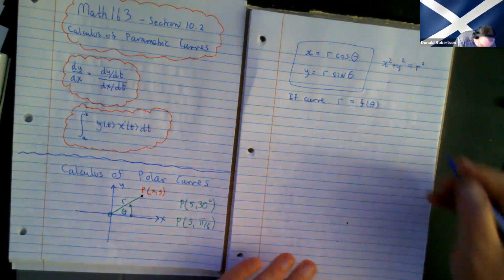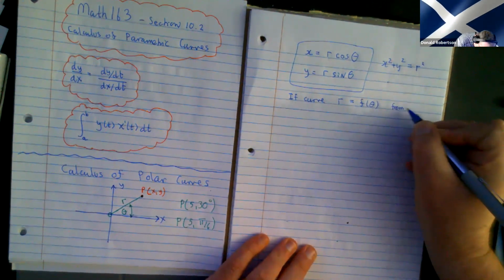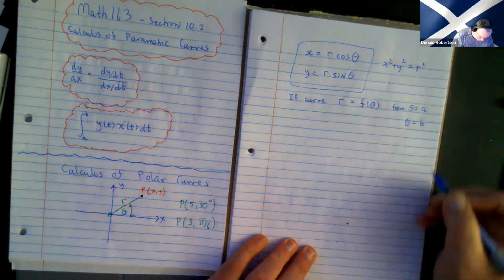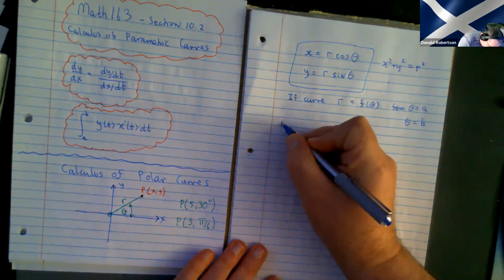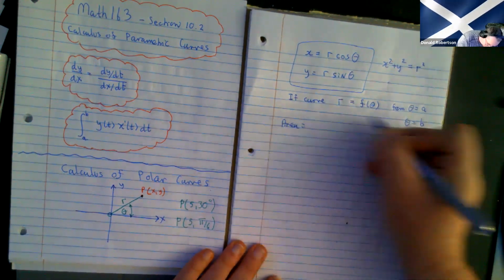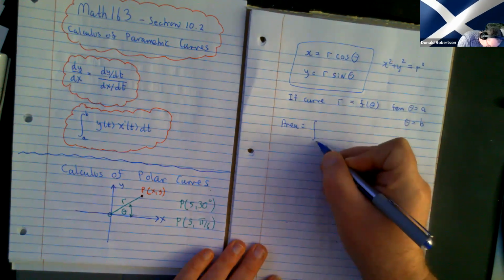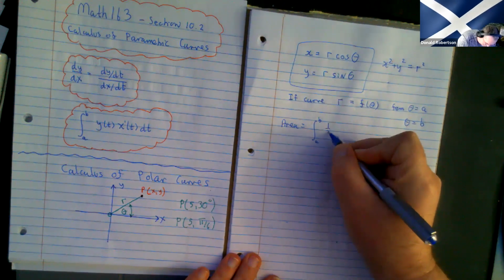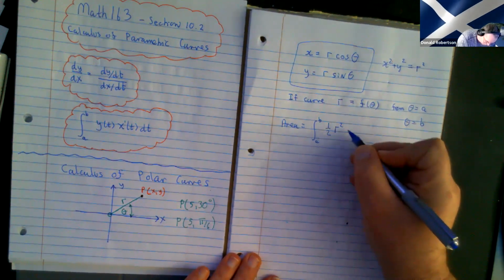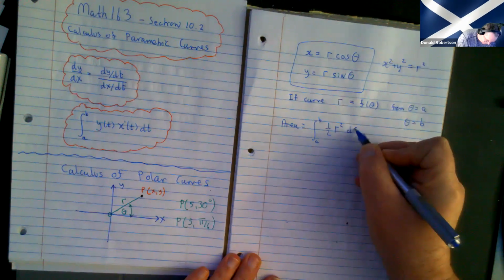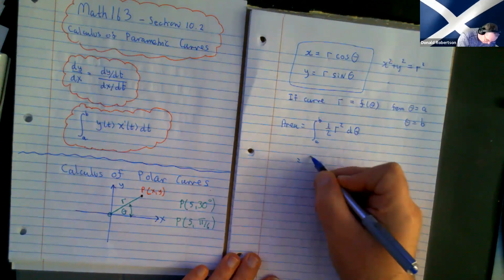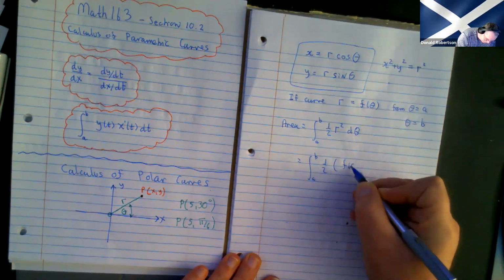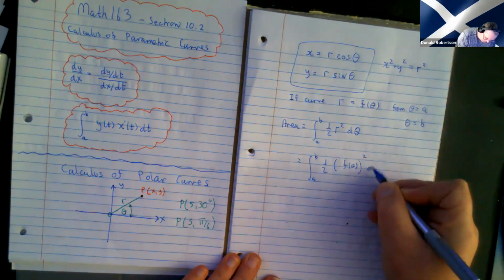Whatever it is, and you're going from theta equals A to theta equals B, and you want the area that is swept in this movement, it is the integral from A to B of 1/2 r squared d theta, which in fact is 1/2 f of theta squared d theta.